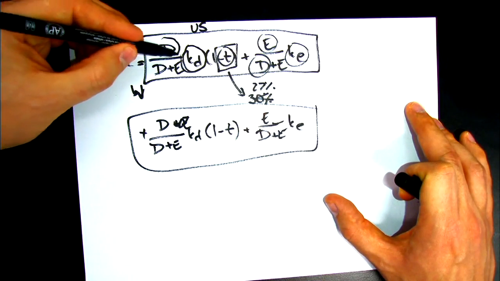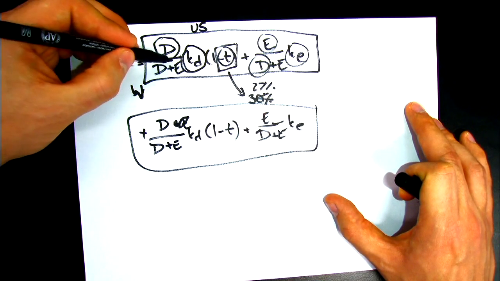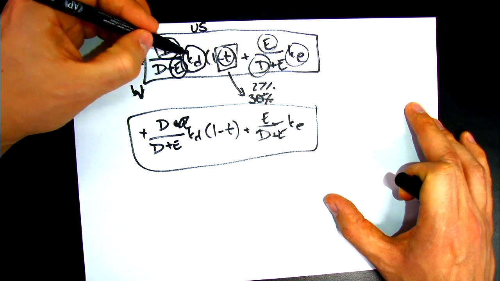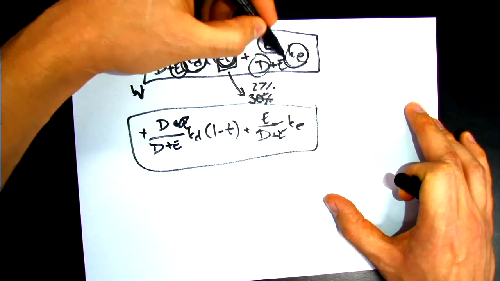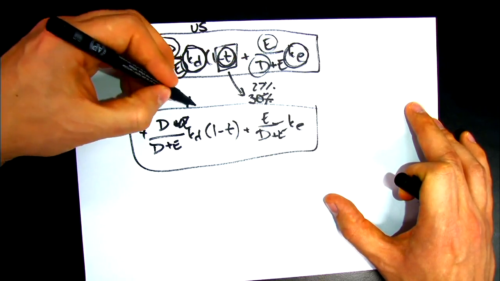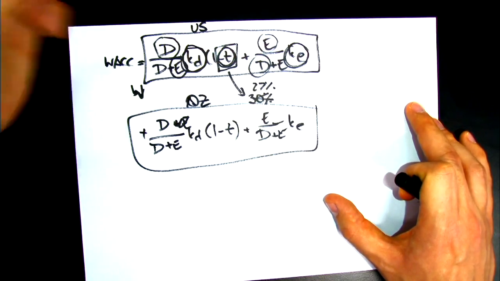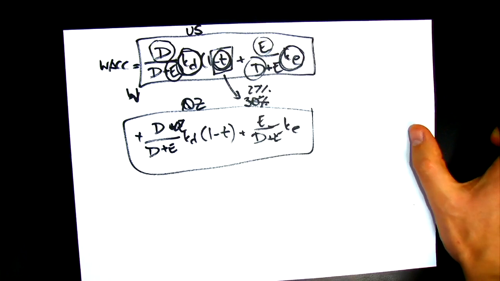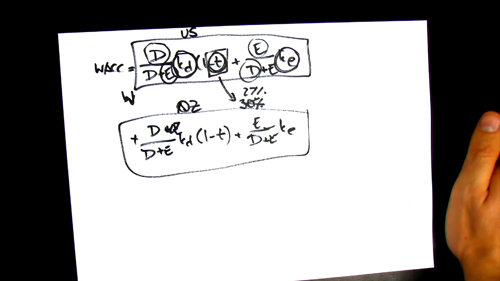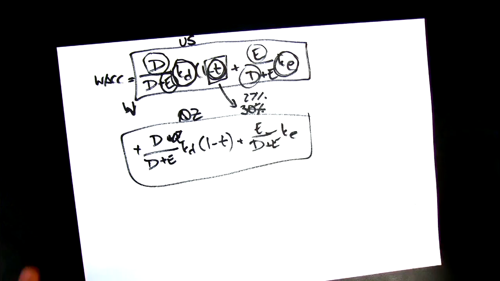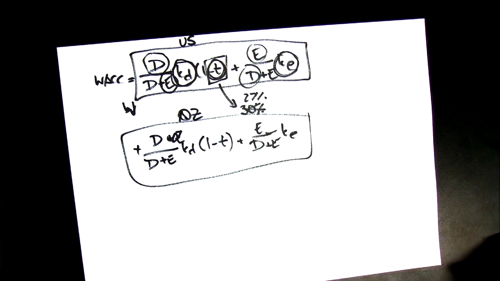All the money that's borrowed in the US and all the shares sold in the US, at this cost of debt, at their tax rate, at their cost of equity, and then you would have an Australian part of the WACC equation. That makes sense to me. We don't have to do that with JB Hi-Fi. So you would expand your WACC calculation to take account of the fact that they're getting their money from two sources, America and Australia.